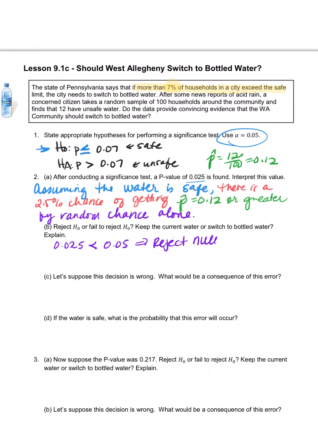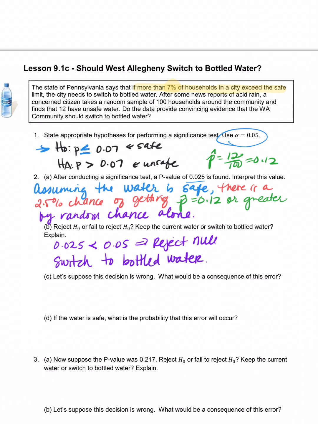All right, what does that mean practically, though? If we're rejecting the null, are we saying they're keeping the water or getting bottled water? Remember, null means safe, right? We're rejecting this. So we're saying you need to go buy bottled water, aren't we? Okay, so we're saying they need to switch to bottled water.